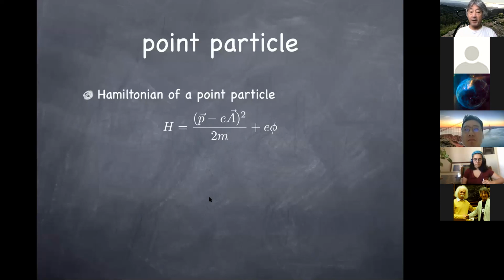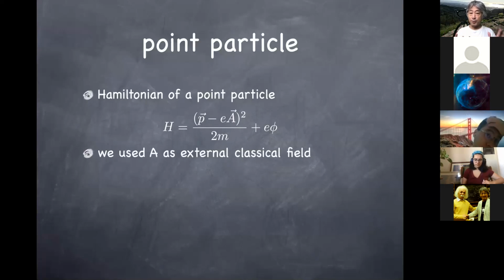But now, the big difference from what we have done before is that when you put A and phi in here, they used to be classical external fields. When you have, for example, the hydrogen atom, phi was the Coulomb potential. And when you have a magnetic field, like in Landau levels, then A was an external vector potential that reproduces the classical magnetic field.